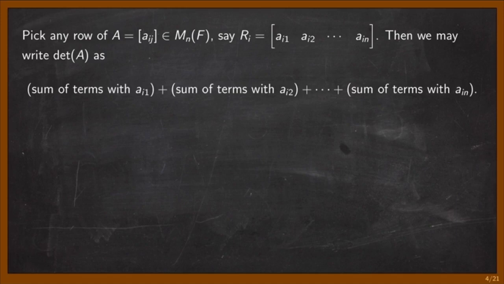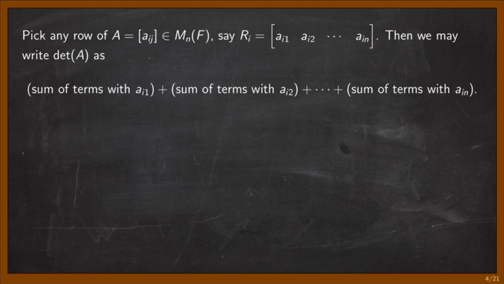Hence, we may separate the terms of the determinant into n parts. The first part being those terms that have ai1 as a factor, those combinations that pass through ai1. The second part is the sum of all terms that use ai2 as a factor instead, and so on. And the last part is the terms that have ain as a factor.